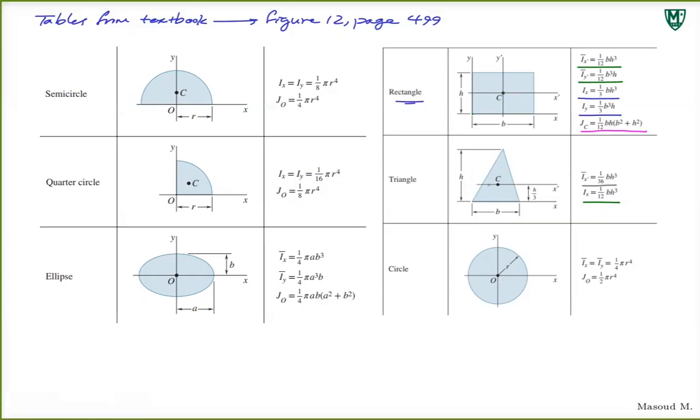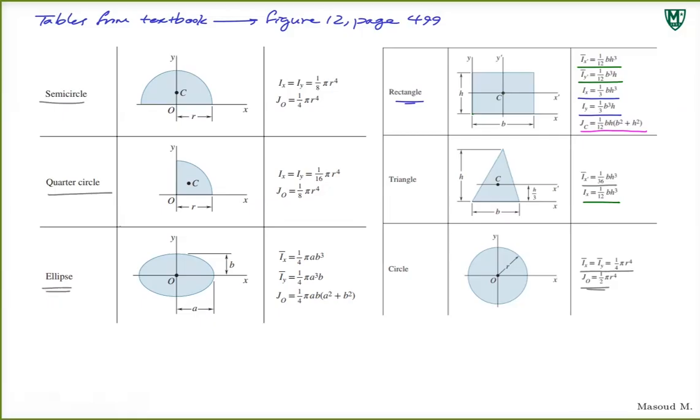Right? And the same story, if you keep going for a circle, you have Ix bar, Iy bar, meaning the x and y axes passing through the center of this circle. The area moment of inertia is 1/4 pi r to the 4. And you also have the polar moment of inertia about the center. You get area moment of inertia values for the semicircle, the quarter circle, and the ellipse.